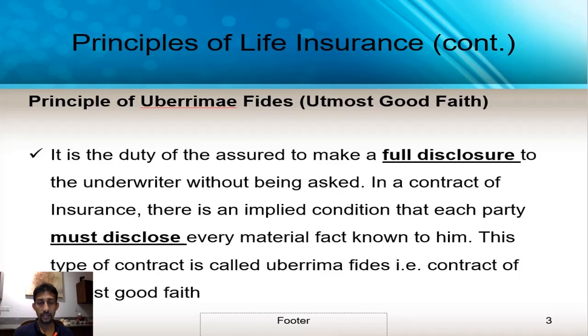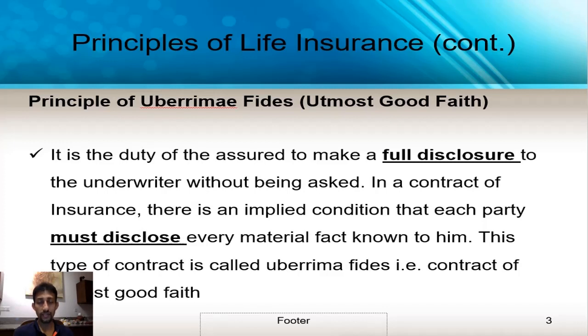Uberrima Fides. As you know, in insurance, it is very important to have trust between the two parties. In insurance contracts, it is said that this principle is much more important than in any other type of contract.